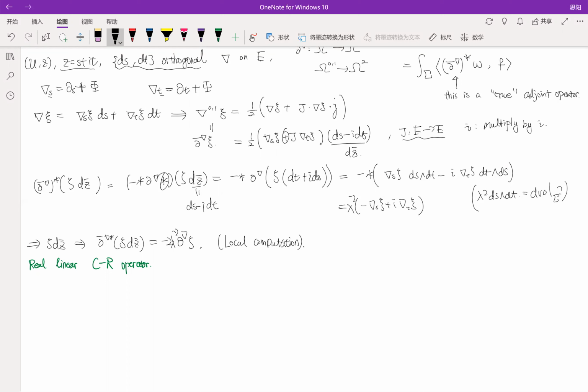So when we take the linearization, it is not necessarily a complex linear and smooth Cauchy-Riemann operator, because we are not concerned with smooth sections. We are concerned with sections in Sobolev spaces.